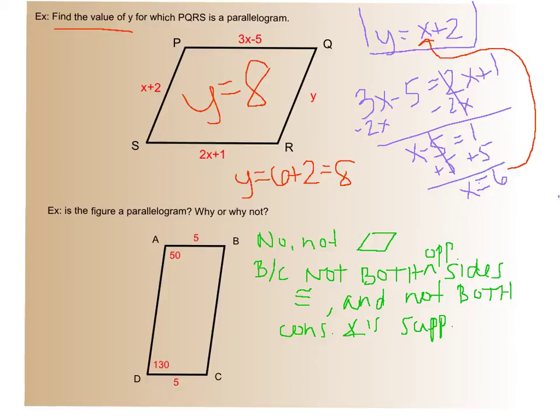So no, I don't know that this is a parallelogram because I don't have both opposite sides being congruent, and I don't have both consecutive angles being supplementary. So I do know some information, it's just not quite enough.